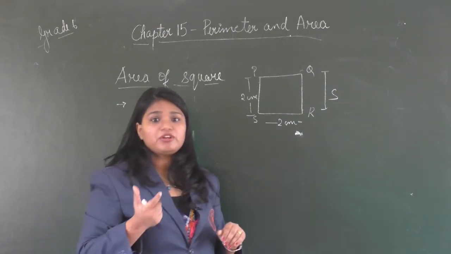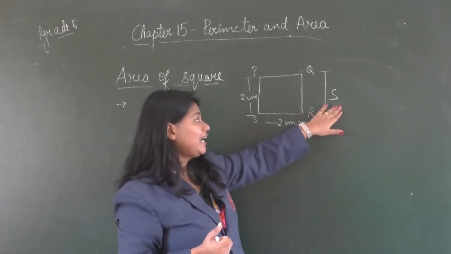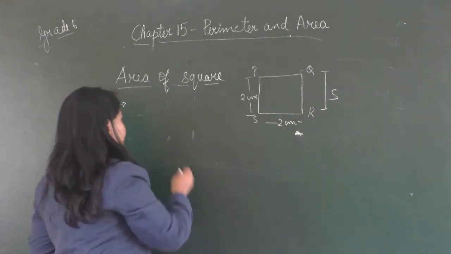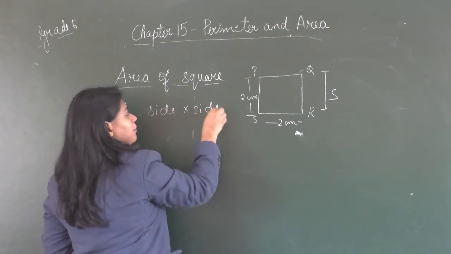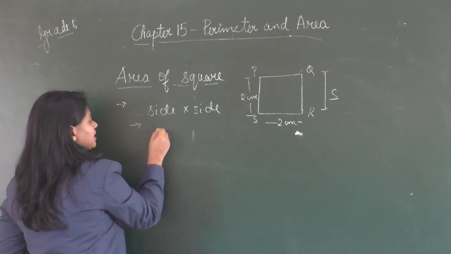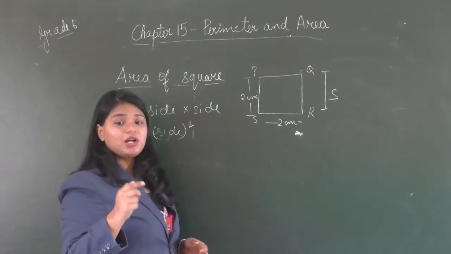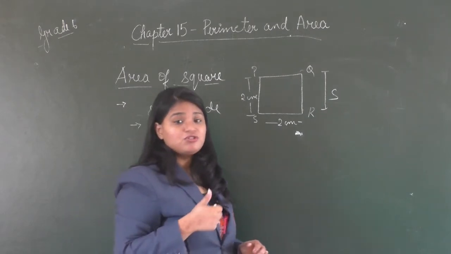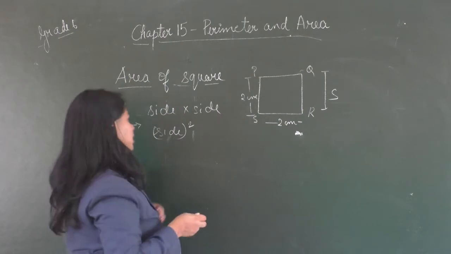The formula for area of a square will be side into side. Why? Because all the sides of a square are equal. You can also write it as side square because side has been multiplied 2 times. So here we have the measurement for side as 2 centimeter.